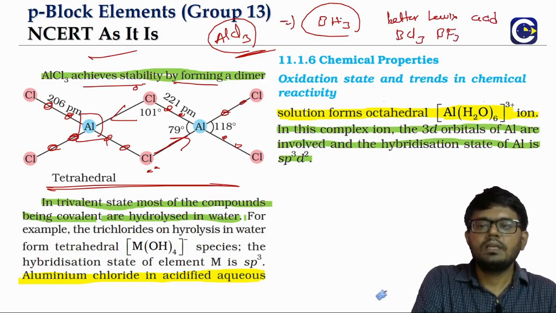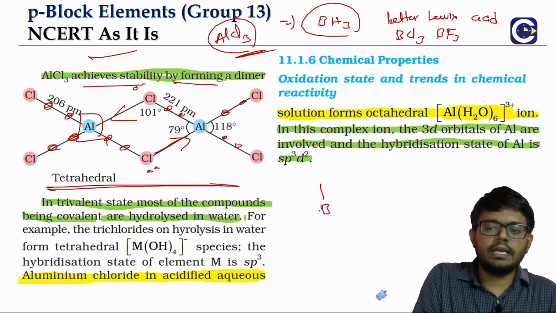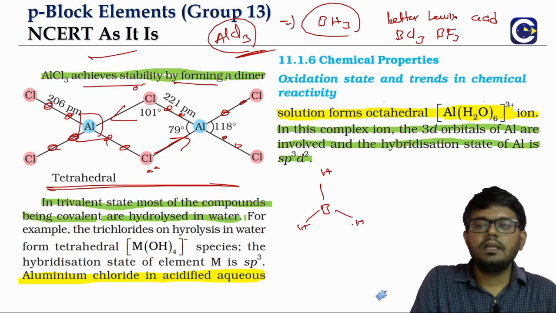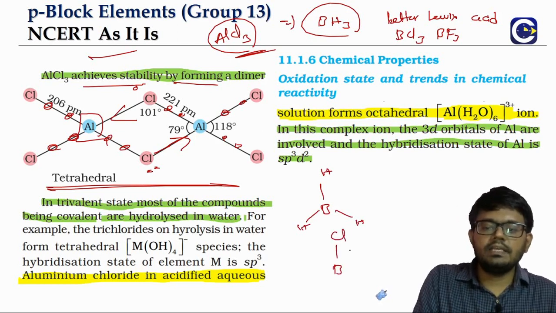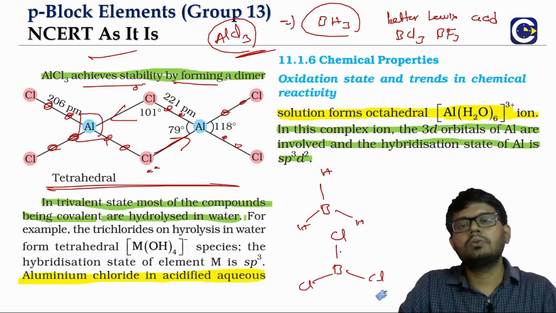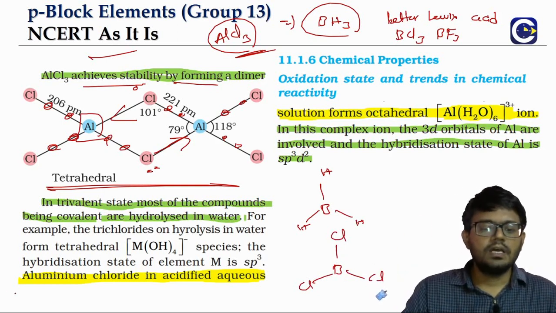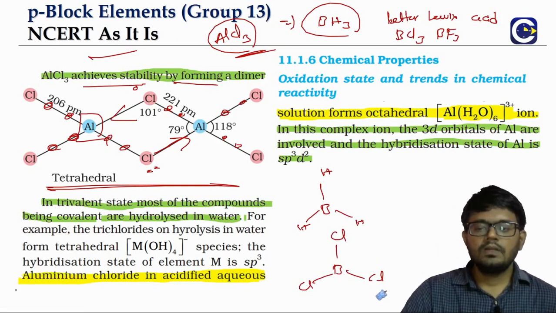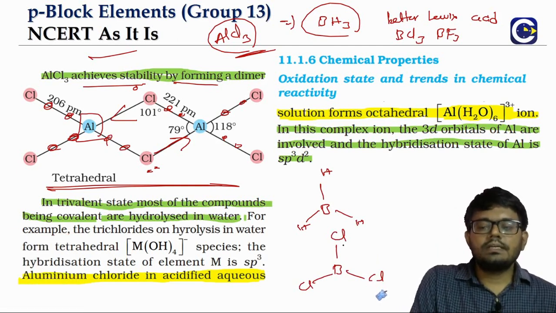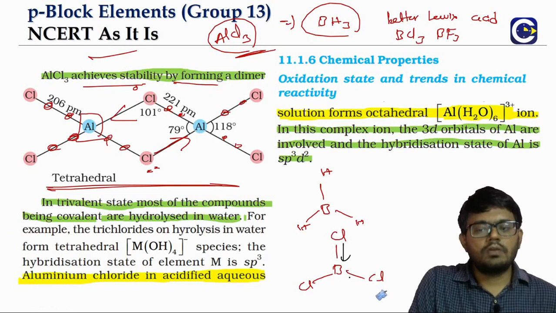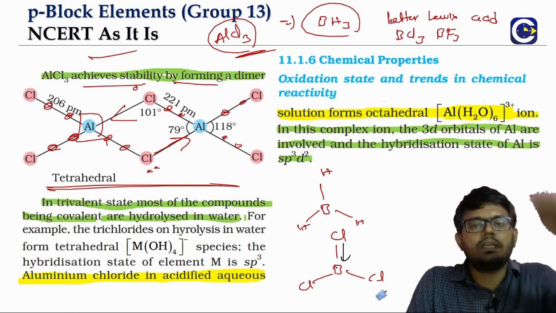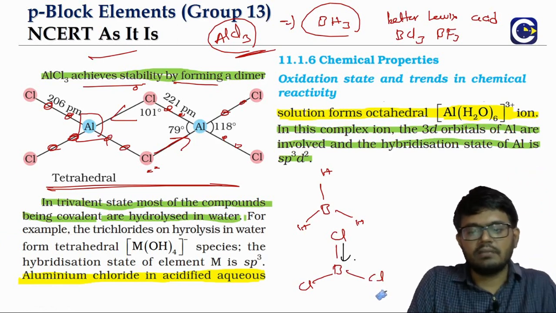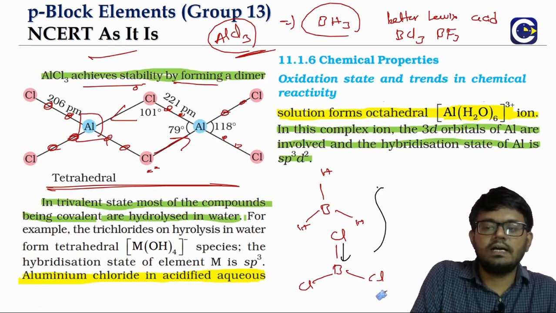Because in BH3, boron is bonded to 3 hydrogens. That's it. Whereas if you look at BCl3 or BF3, it is bonded to 3 chlorines or 3 fluorines. Remember, the halogens will have lone pairs of electrons available on them. So one of these chlorines will form a coordinate covalent bond with the boron. So this bond is coming from the peripheral atom to the central atom. That is why this is also called back bonding.